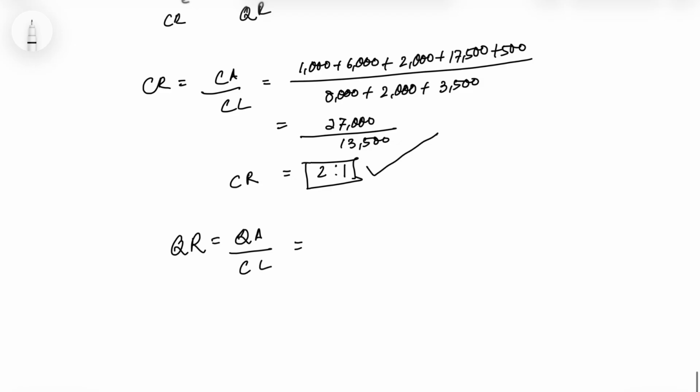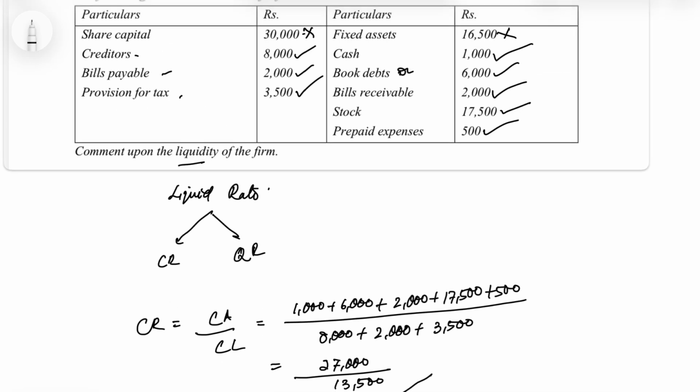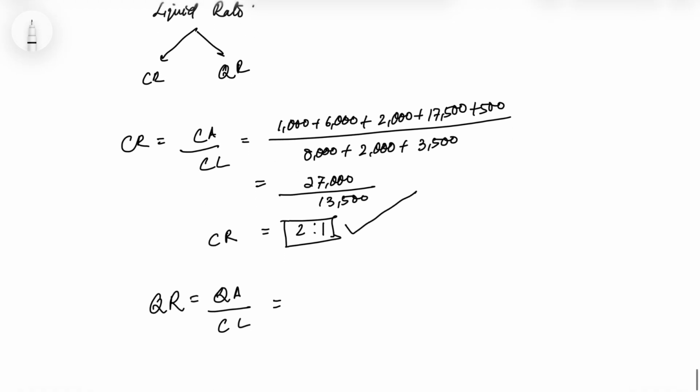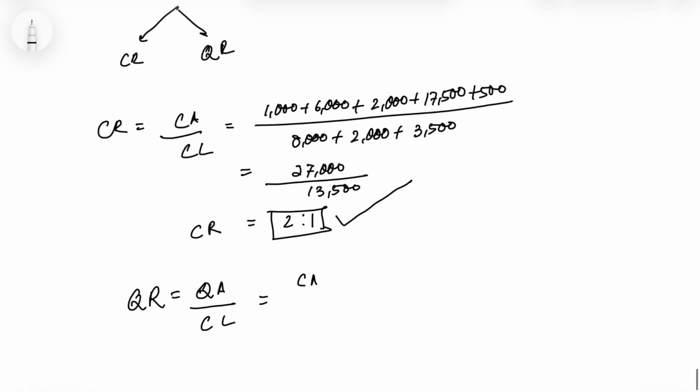Prepaid expenses are not included, and stock is not included. So current assets minus inventory minus prepaid, divided by current liability.